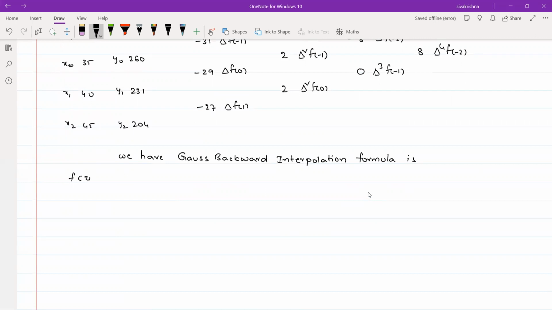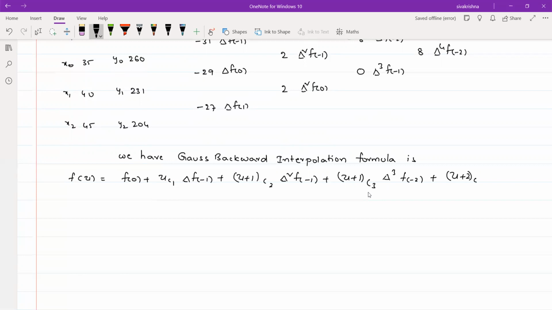So I am writing f of u is equal to f of 0 plus uc1 into delta f of minus 1 plus u plus 1 c2 into delta square f of minus 1 plus u plus 1 c3 into delta cube f of minus 2 plus u plus 2 c4 into delta power 4 f of minus 2 plus u plus 2 c5 into delta power 5 f of minus 3 plus and so on.